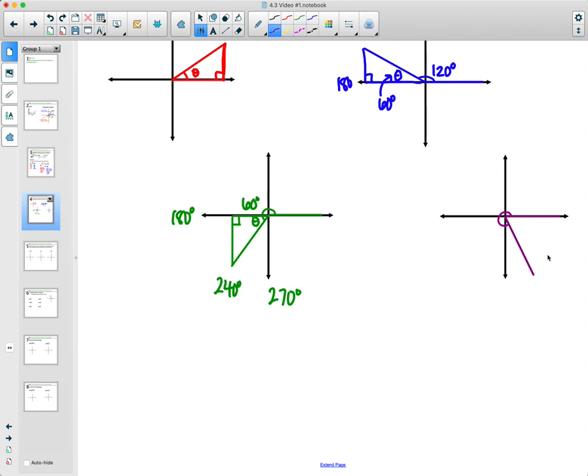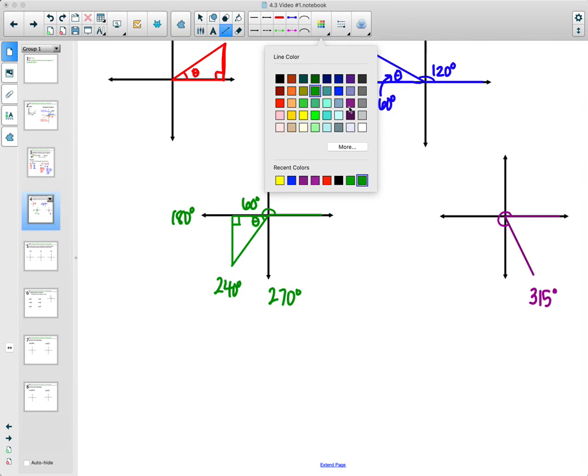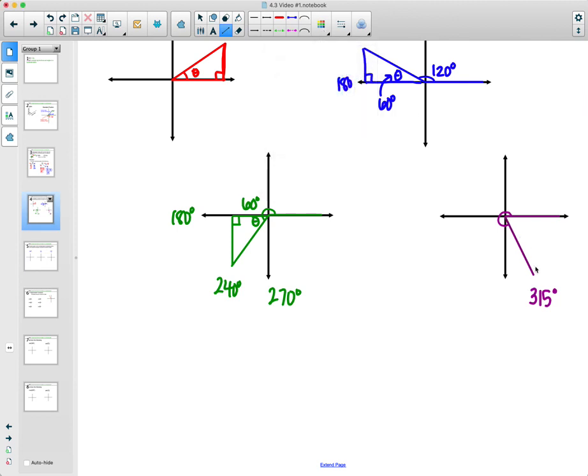Fourth quadrant over here, so maybe this angle right here is 315 degrees. So then this one, draw the reference triangle, again formed by the terminal side and a perpendicular line drawn to the x-axis. So it's never connected to the y-axis, always connected to the x-axis.